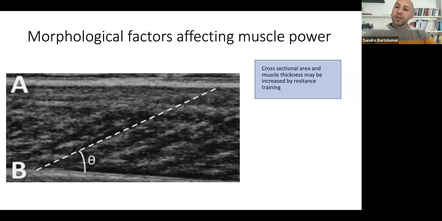There is another parameter, if you remember properly, that can be measured by using muscle ultrasound, and it is echo intensity. Echo intensity is basically how dark the picture is. And if the picture is very dark, then the muscle has a high quality. And this parameter, as we will see, is very correlated with power.